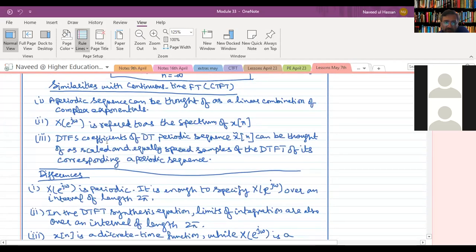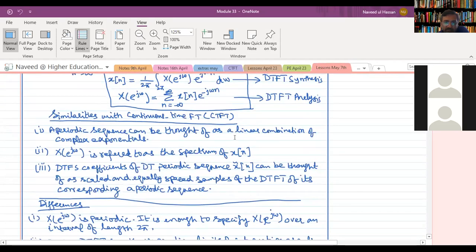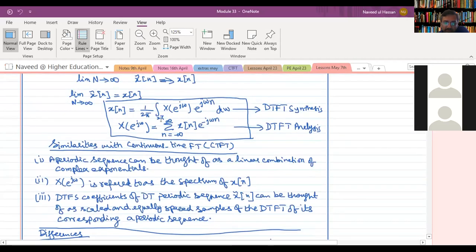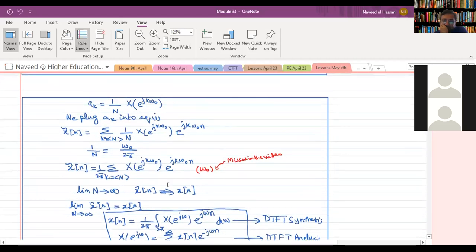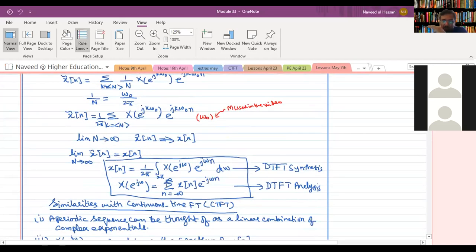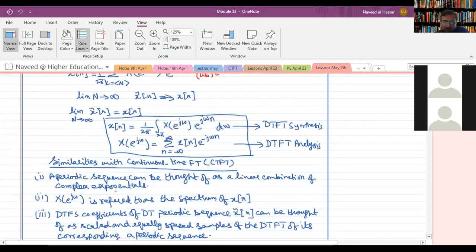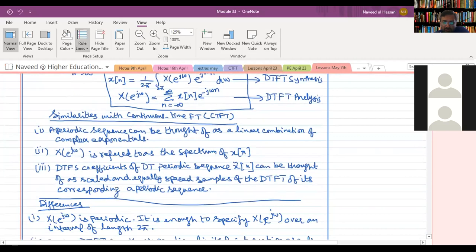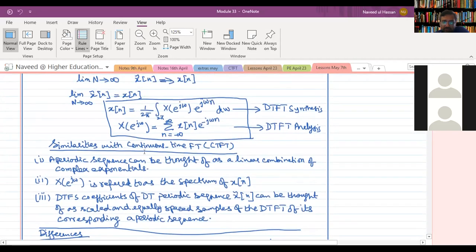Similarities तो वही हैं, because we are now representing aperiodic signal as linear combination of complex exponentials, ठीक है। और capital X e j omega, it is the spectrum, because it tells us के कौन सी frequencies हैं, and it is a continuum of frequencies which are present in this aperiodic sequence. और यहाँ पे this third point on the similarities, discrete time Fourier series coefficients, ये क्या है?